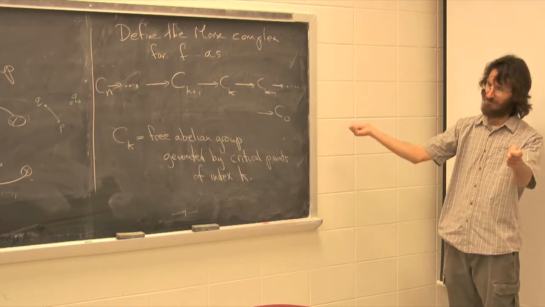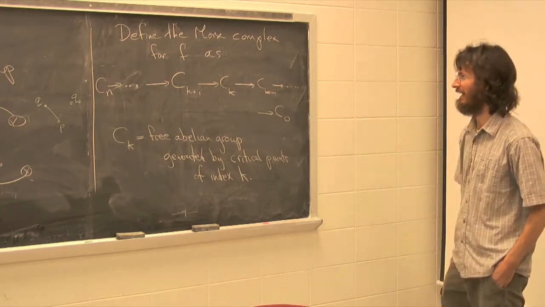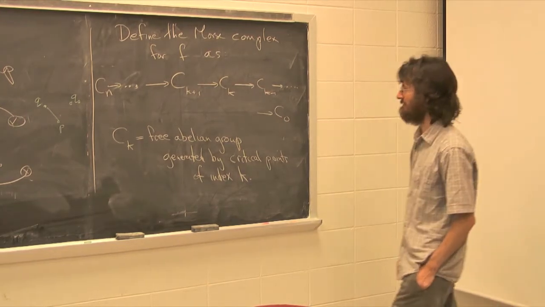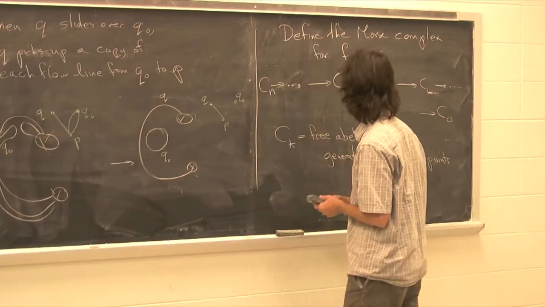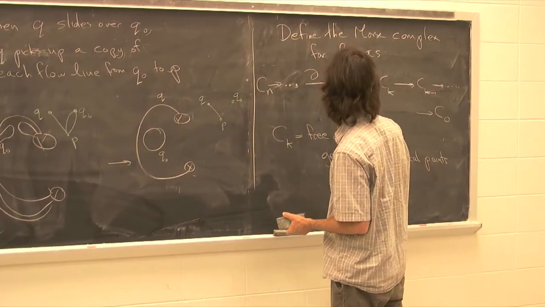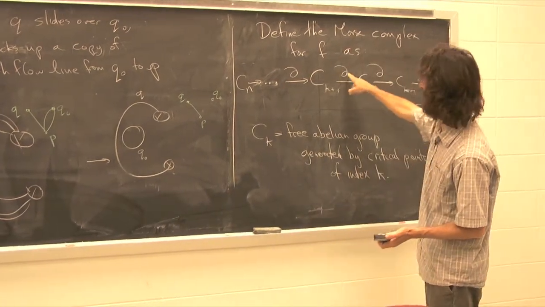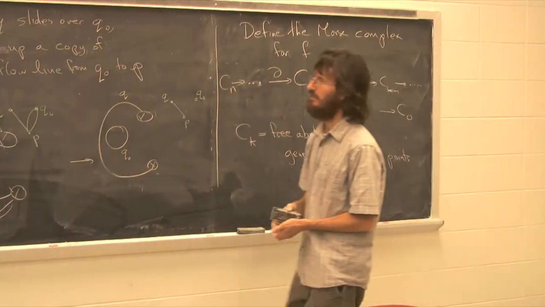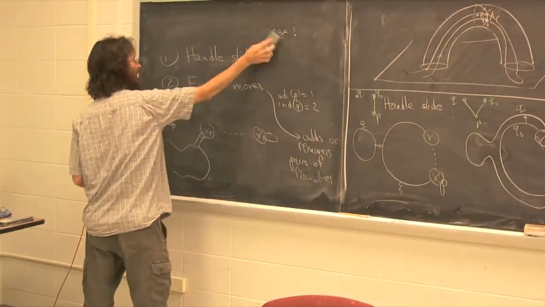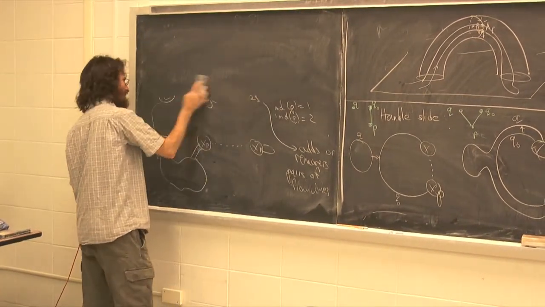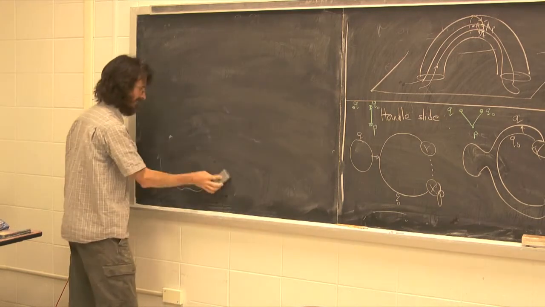So you just take all your critical points of index k, you write some integer next to each one, and that's an element of C sub k. And then I'm going to define what these maps are. These maps are all called del, or boundary map. I mean, really it's del sub k plus 1, but I'm not going to make a thing of that. They're called boundary maps because in some other contexts, they actually are boundaries of things, but here they aren't.